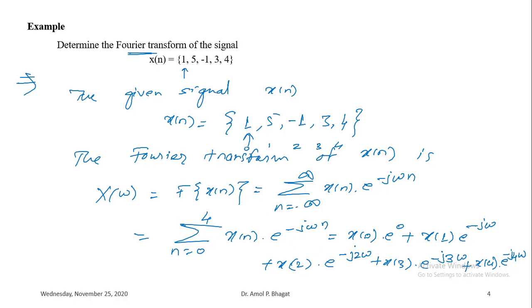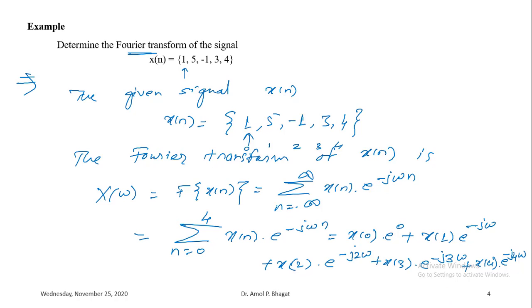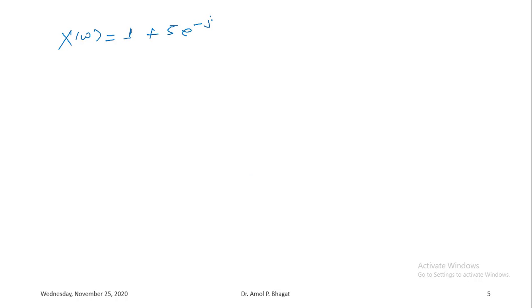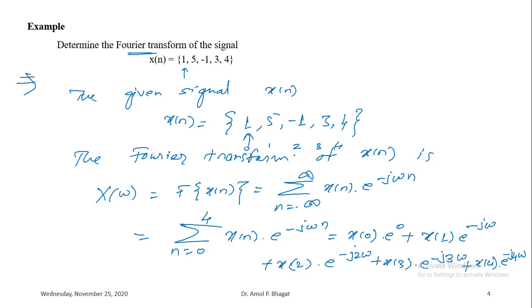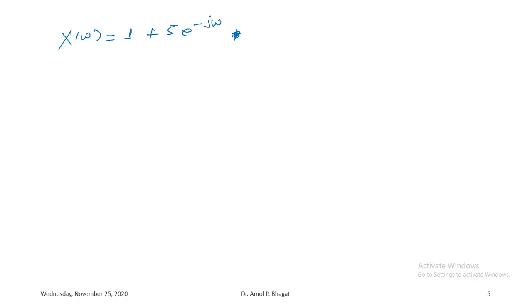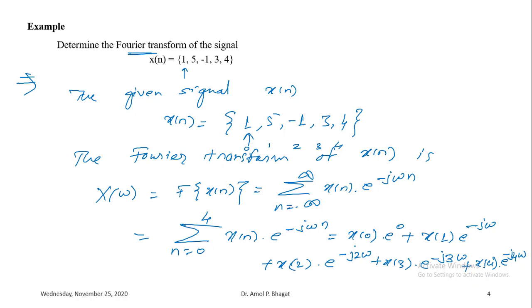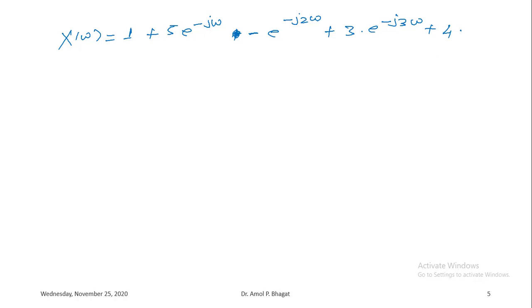So that is the required Fourier transform. x of omega equals 1 multiplied by e to the power 0, which is simply 1, plus 5 into e to the power minus j omega, minus e to the power minus j twice omega, plus 3 e to the power minus j 3 omega, plus 4 e to the power minus j 4 omega. Okay, so this is the required Fourier transform.